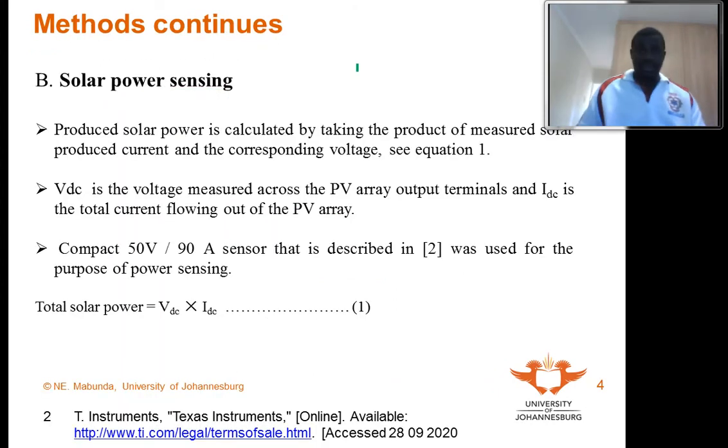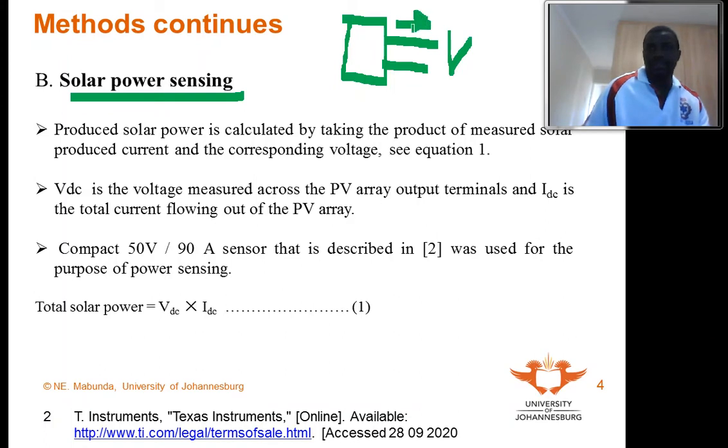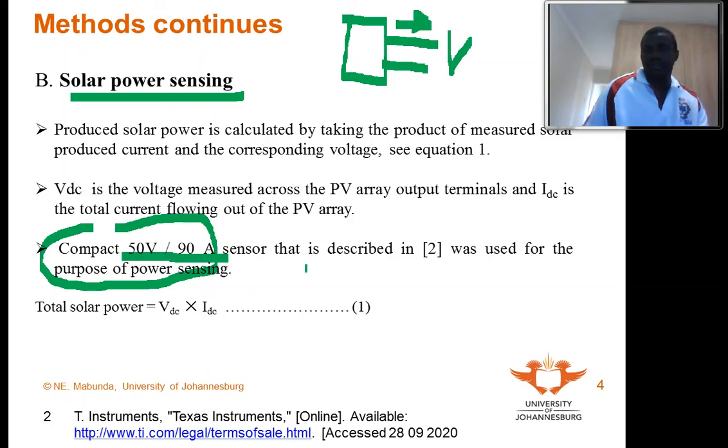And the second part of it was how do we sense the power produced by solar. We used a small solar panel right there. In fact, it's actually solar panels which are installed on the roof that produce a voltage across them and supply a certain current. From there, we pass through a compact current voltage sensor, which will detect the current and also detect the voltage.